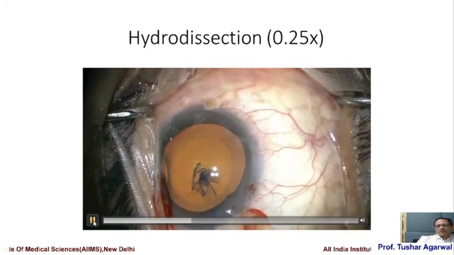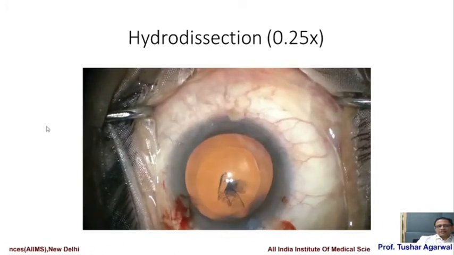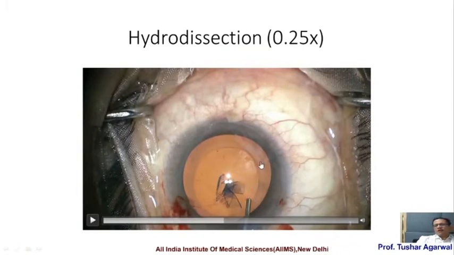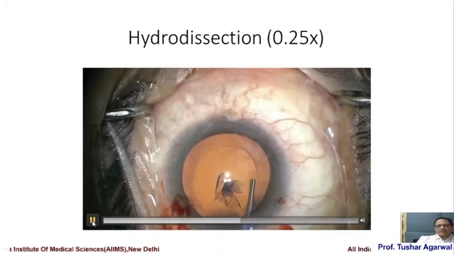Then you advance your BSS cannula into the anterior chamber, and your idea should be to go either on this side or on this side, never on these sides, because if you put your cannula here, your entire lens is free from pressure from the needle. So when you inject the fluid, it has free access to go inside the plane. So you advance it towards the capsular rhexis edge.